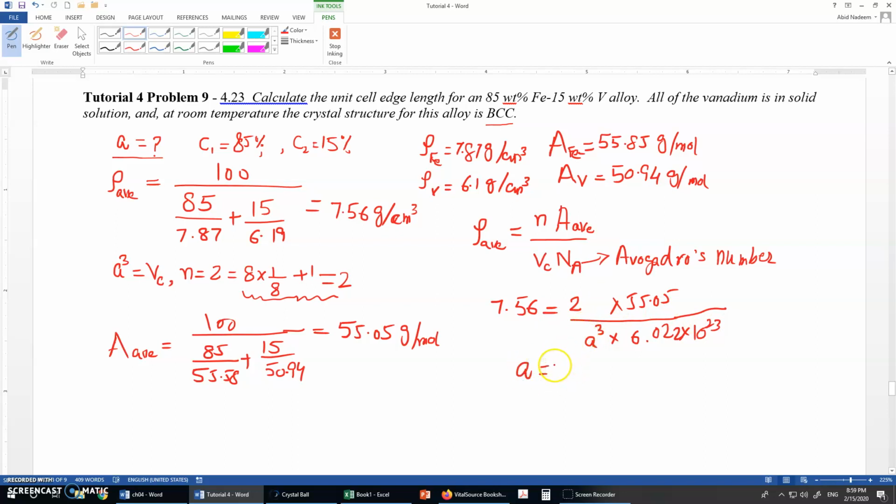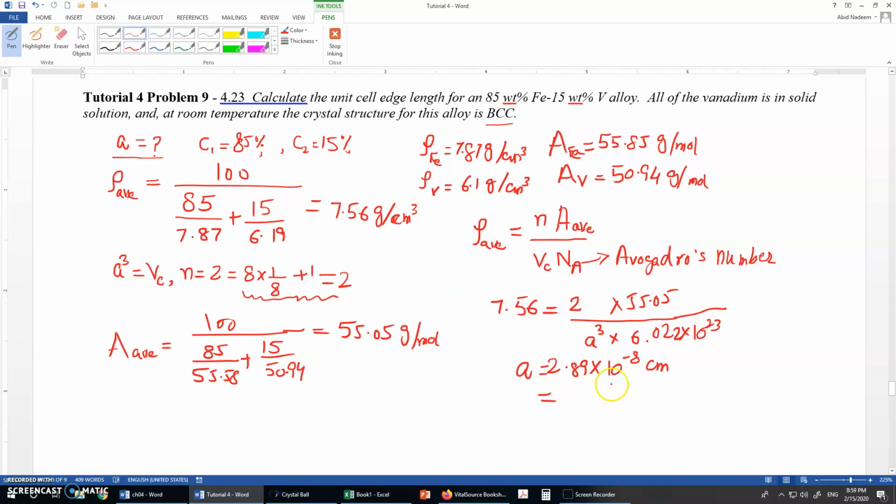So a will be 2.89 times 10 to the power minus 8 centimeter, because the units for the density were in cubic centimeter, so the value of a will be in centimeter.